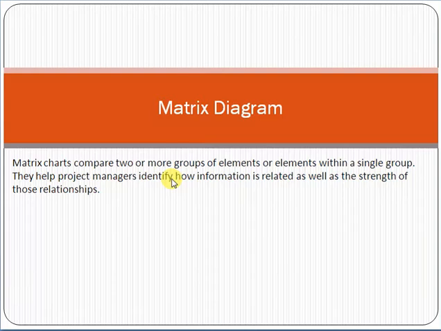Let's start. Matrix diagram. Friend, as a project manager, you have to deal with multiple options, multiple scenarios. You have to see several elements, and how they are interlinking with each other.